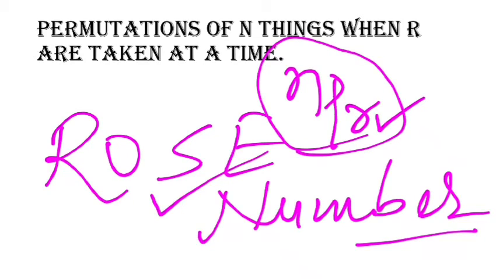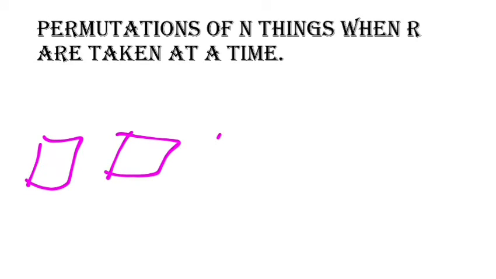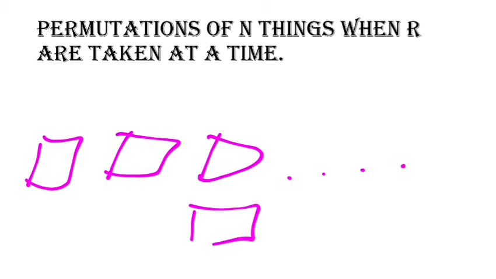There will be as many permutations as there are ways of filling r vacant places. It means r vacant places: first, second, third, up to the rth vacant place.